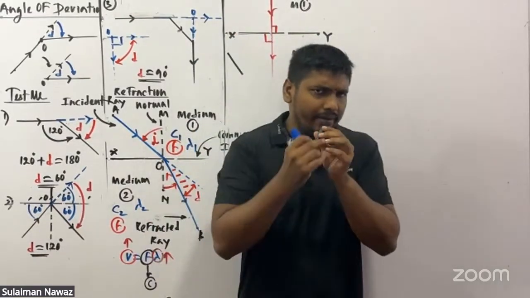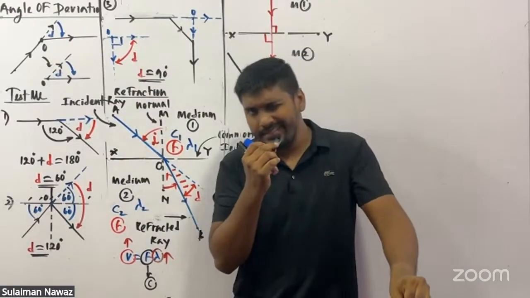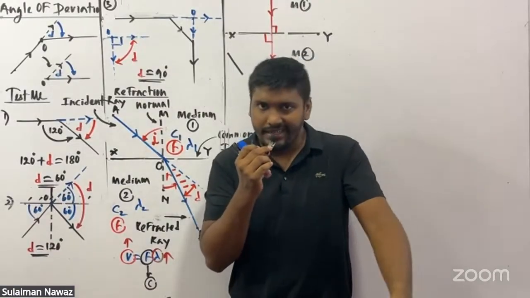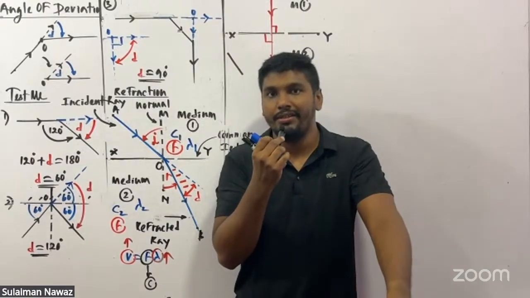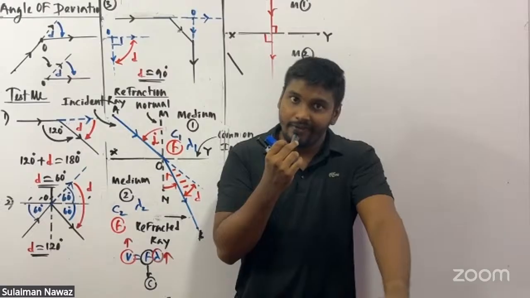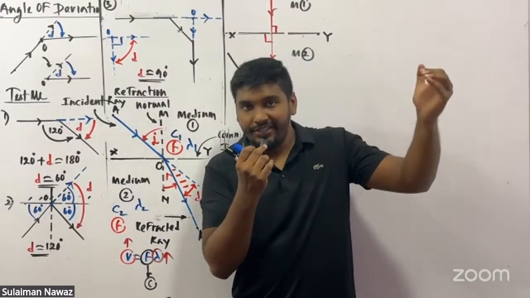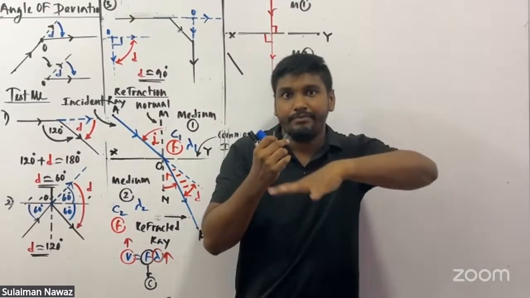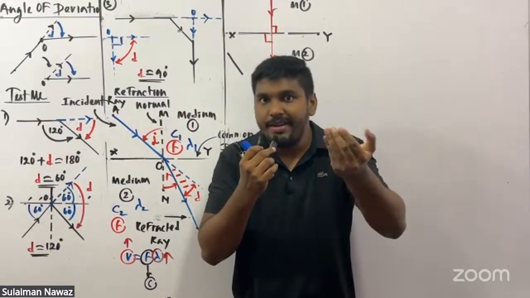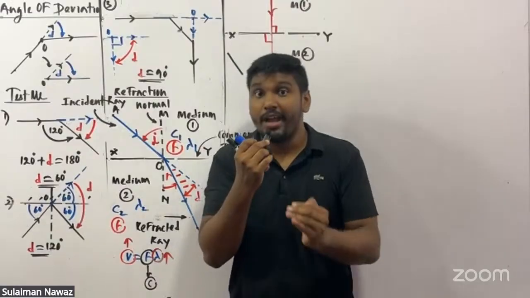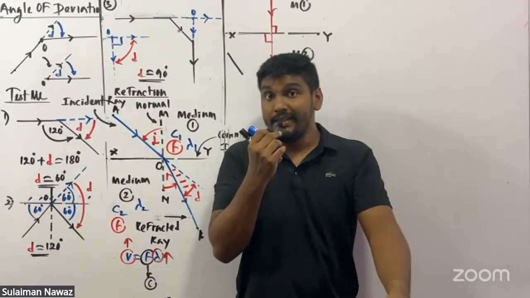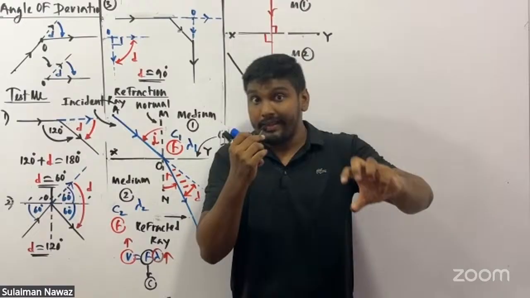Sir, now I have a doubt. Just consider when the light ray enters different mediums. For example, a light ray propagating in air, that is a transparent medium. If the same light ray propagates in water, that is also a transparent medium. If the light ray propagates in glass, that is also a transparent medium.